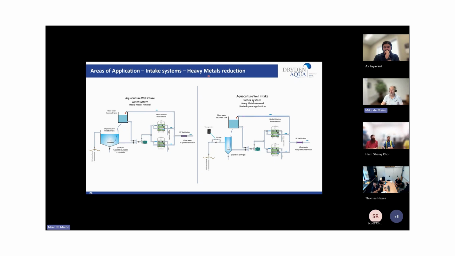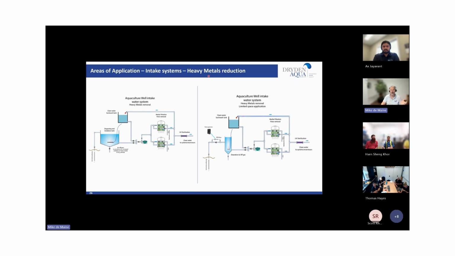So ozone is one of those processes for oxidizing heavy metals. However, more often than not, what we recommend for heavy metal removal is just using our air diffuser. It's the easiest way of oxidizing the heavy metals, depending on the heavy metal you're trying to remove.